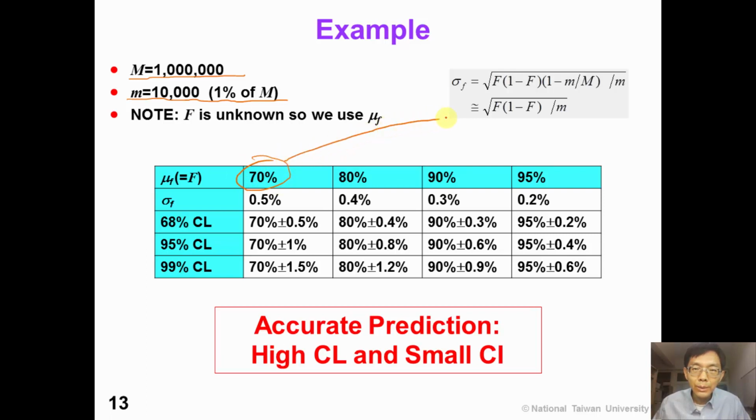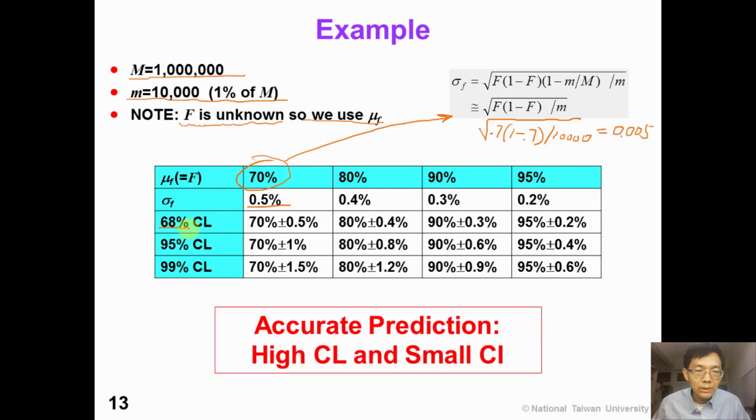So we can plug this number into the equation, and we have 0.7 times 1 minus 0.7 divided by 10,000, which is equal to 0.005. So we know that the standard deviation is 0.5%. Please note that big F is unknown, so we use the mean as the big F.